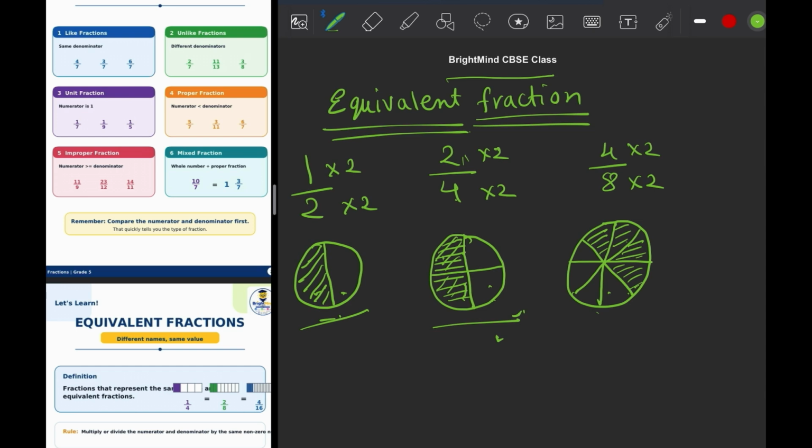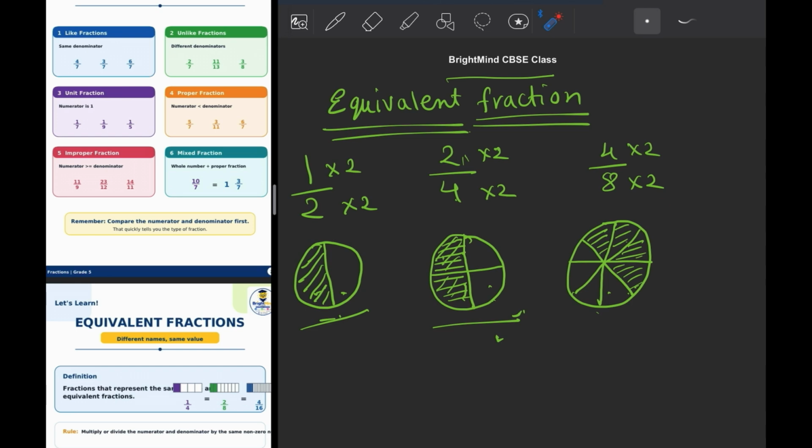That makes sense, because if I double the number of pieces of the pie, then I have to eat twice as many pieces to get the same amount of pie. Here one time, twice, and here also twice. Okay, so I hope you understood.